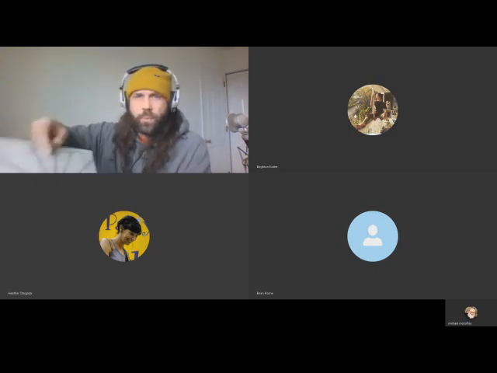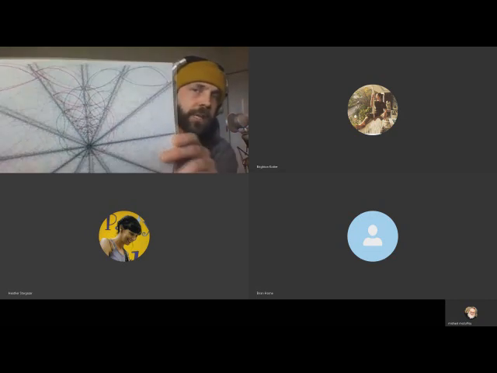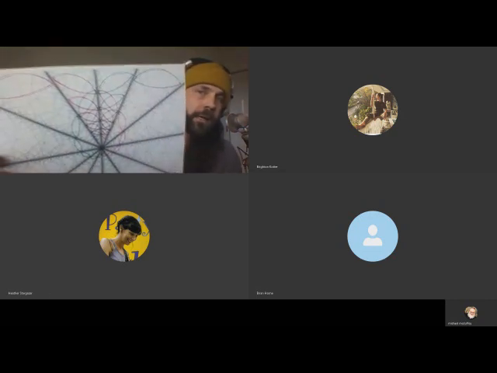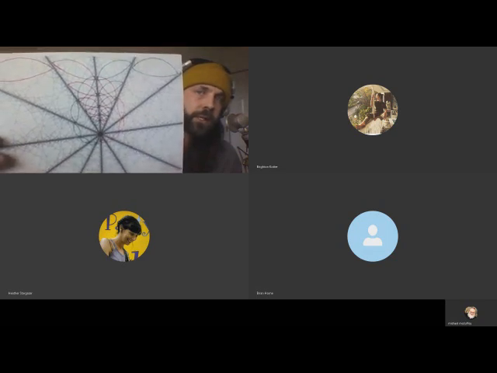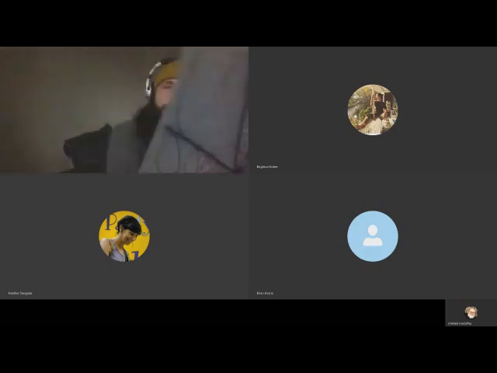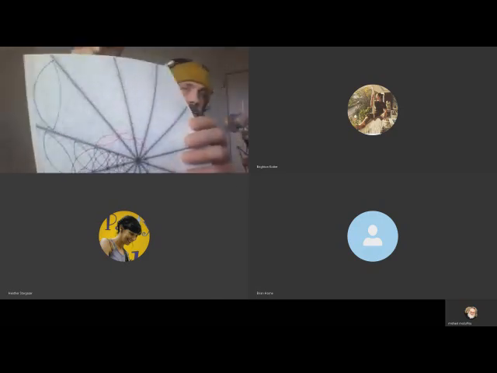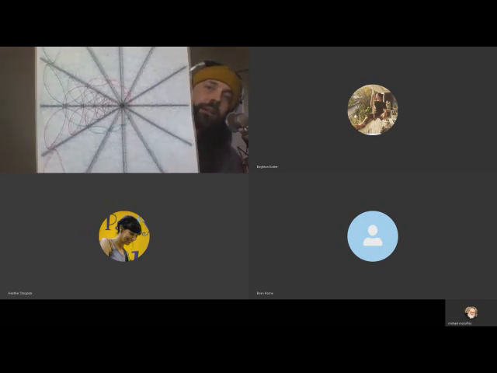Now, I showed this before. You can clearly see the curvatures on here, and the curvatures are the Brachistochrone curvature. But you have both chiralities of the Brachistochrone curvature, and you can see it from the side view there.